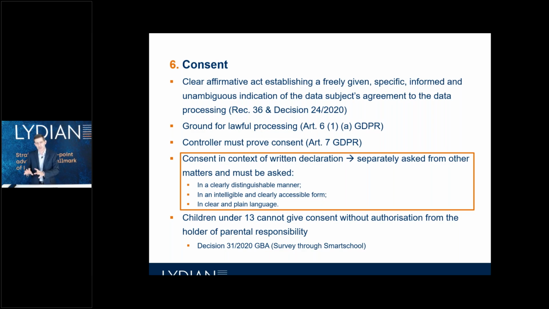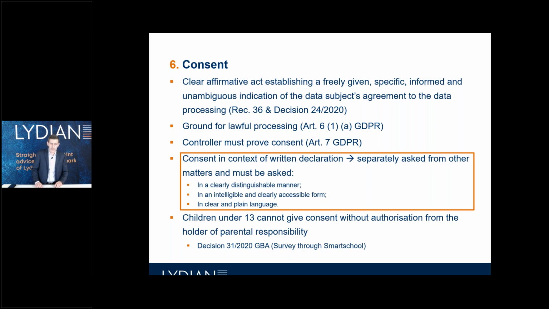It can be mentioned as a legal ground, but your fair processing notice itself cannot serve as a basis to obtain consent. Why is that? Because the GDPR clearly says that if consent is requested in the context of a written declaration, this must be separately asked from the other matters, which means it must be in a clearly distinguishable manner.